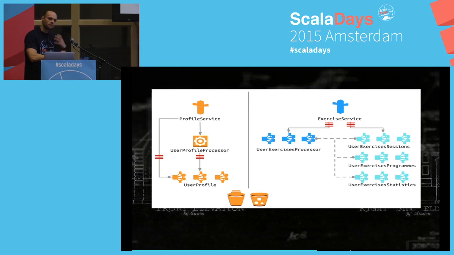And by that I mean, it receives a command, like user wants to register. Well, it has to check, can I even register this user? And in our simple system, we will refuse to register duplicate usernames. That's the only check we'll ever do. If the user profile processor is happy with the result, it takes the command, it generates an event from it, persists the event, and it delivers it to now a user profile actor.